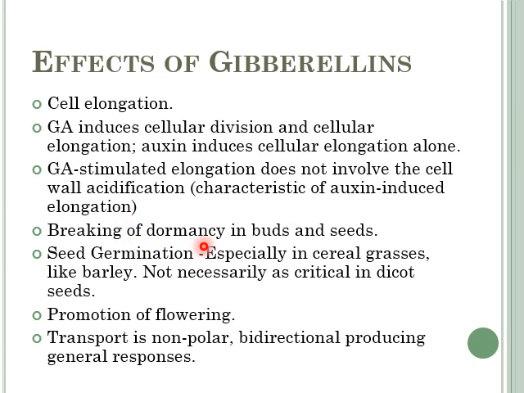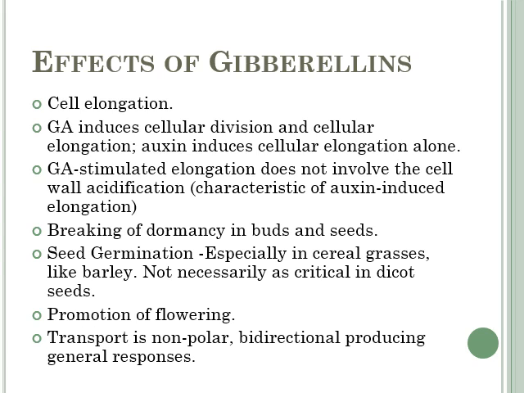Breaking of dormancy in buds and seeds. Seed germination, especially in cereal grasses like barley, not necessarily as critical in dicot seeds. Promotion of flowering. Transport is non-polar, bidirectional, producing general responses. So these are the important effects, or functions, of gibberellin.